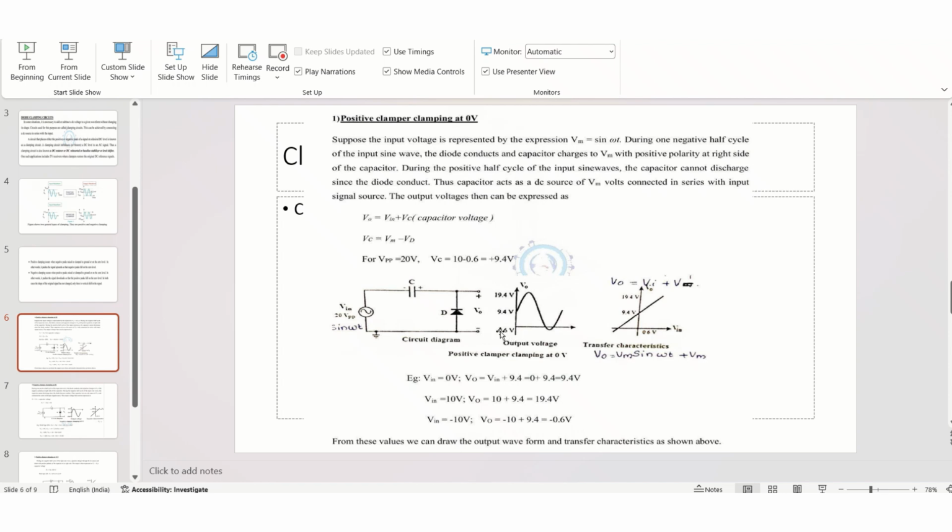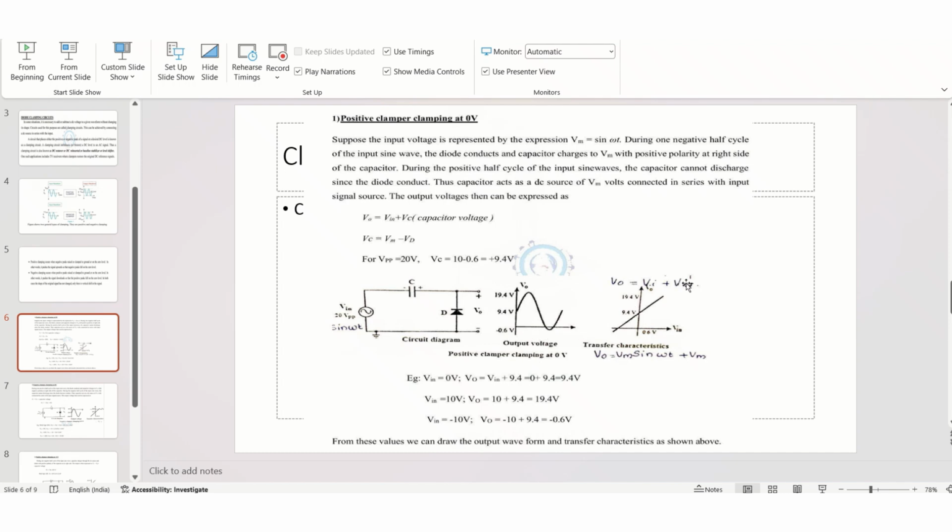When the input voltage is 0, the output becomes almost 9.3 or 9.4 volt. When Vin equals maximum peak, substituting the value in the above equation 1, we get 19.3 volt, and when Vin equals minus 10, the output will become minus 0.6.